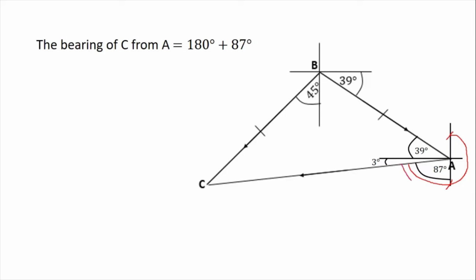The angle left here has also been found as 87 degrees. So we add 180 degrees to 87 degrees to get the bearing of C from A. And the bearing of C from A has been found as 267 degrees. So we have been able to use our diagram to find the bearing of C from A.